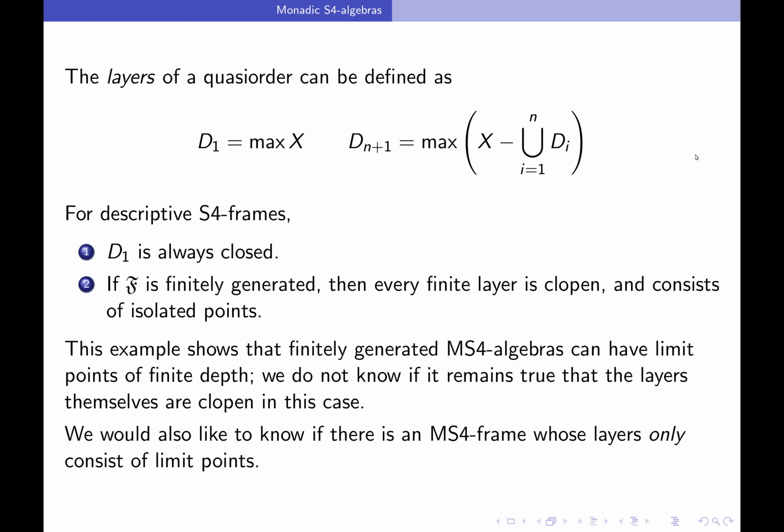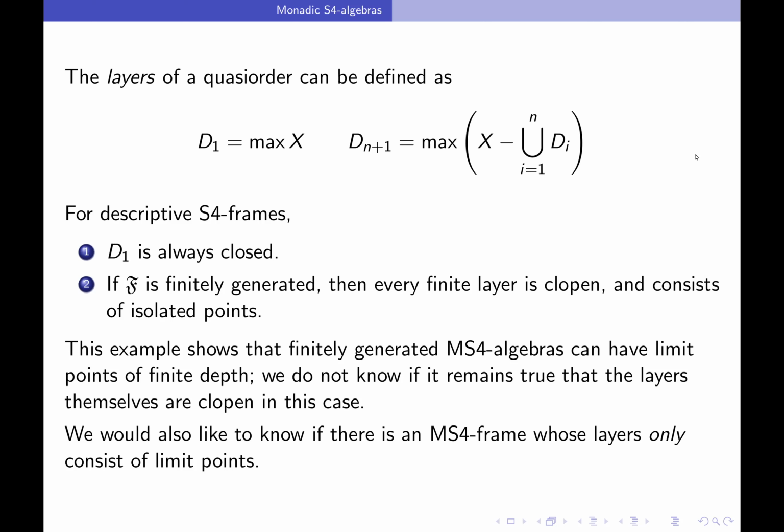In this way, you get layers of the quasi-order based on sort of distance, downward depth, away from the maximum. It turns out that in descriptive S4 frames, this D1, or the maximum, exists. It's non-empty and it's a closed set, which is nice. And even more is true if you have a finitely generated algebra. Then in the dual space, you'll find that every layer of finite depth is actually clopen and consists only of isolated points.